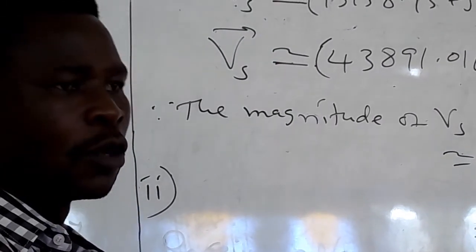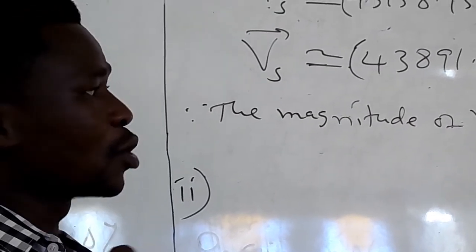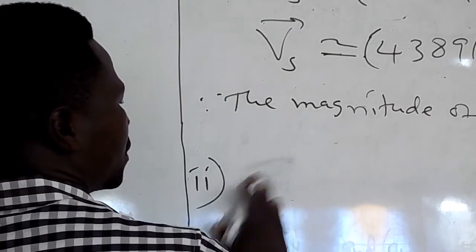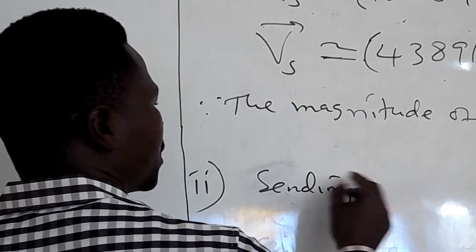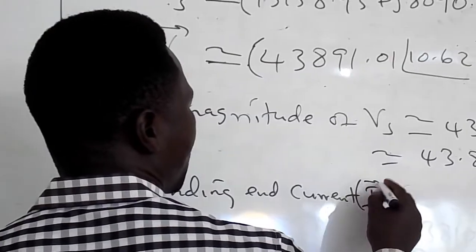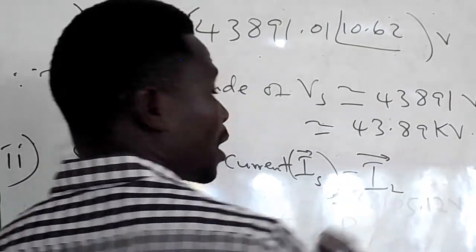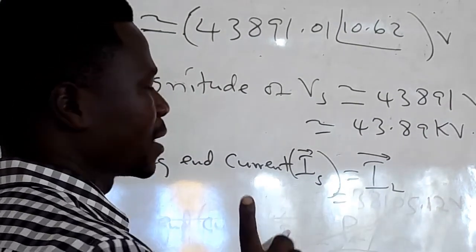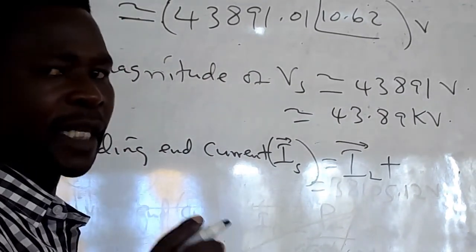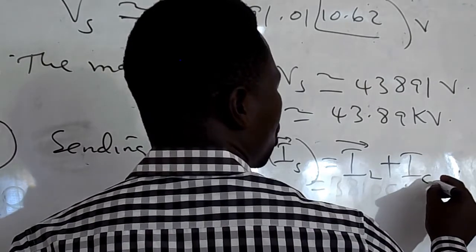The sending end current, which we also explained in our previous class on the analysis of nominal pi, IS is equal to IL, that is the current across the load, the line current, plus the current across the capacitance at the sending end, so that we have IC2.